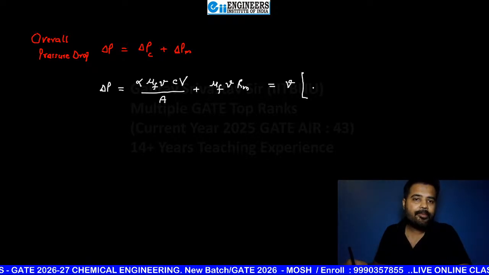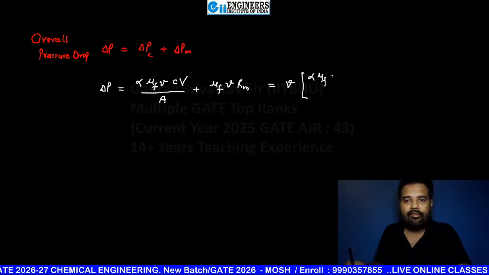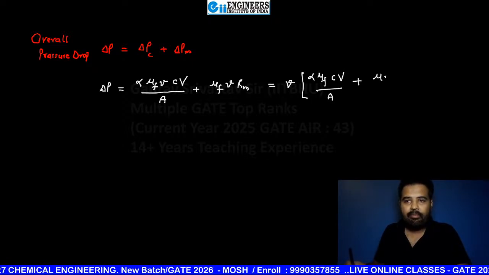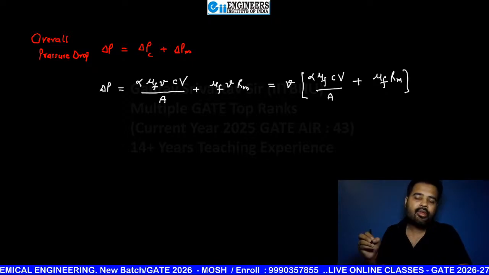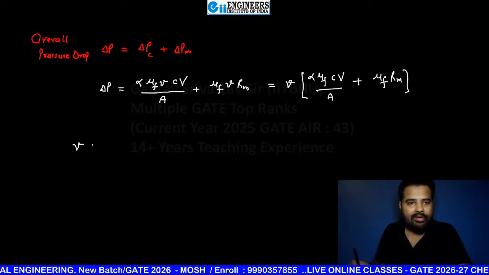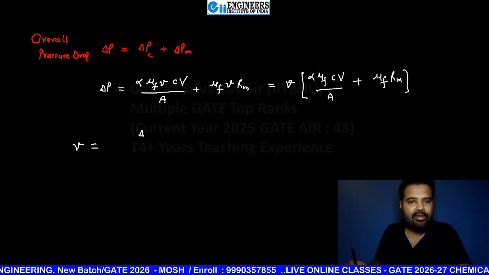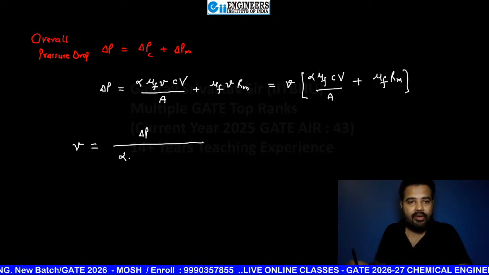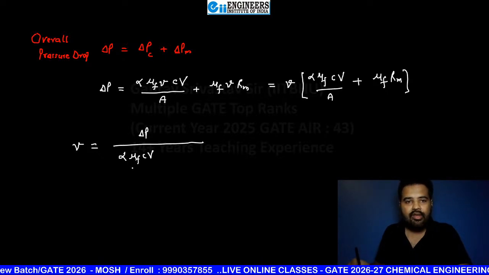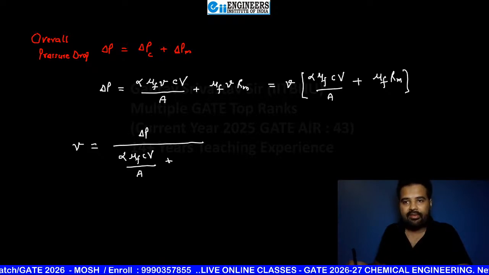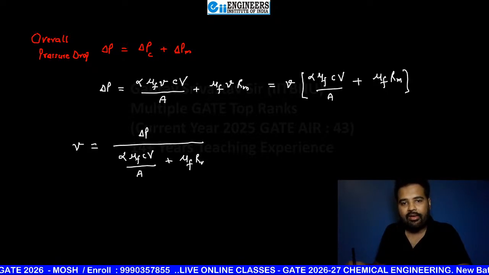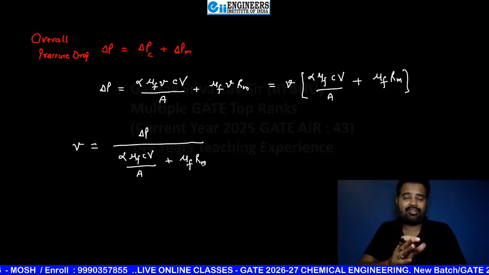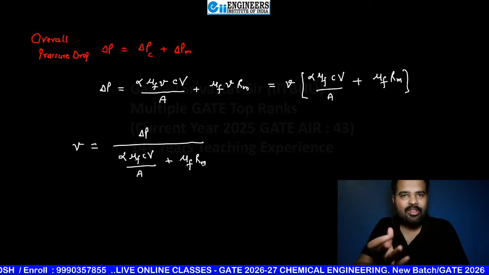Then what is left is alpha mu f C capital V upon A, plus mu f Rm, and that is delta P. If you want to write it just for V, then V is equal to delta P upon alpha mu CV upon A plus mu f Rm. You can also take mu f common, but I want to rearrange it in a standard manner, like y equals mx plus c.